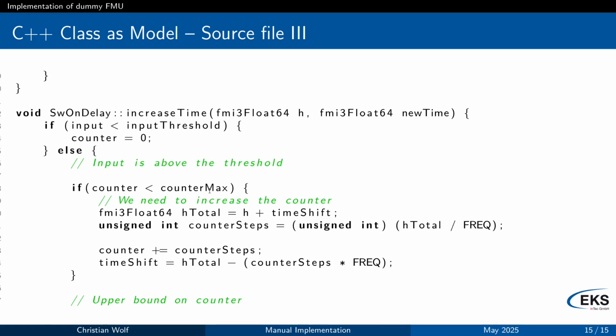It's just to do the calculation a bit more exact, but in fact it's just increasing the counter by the amount of time multiplied with a factor. So if a certain time has passed, the counter is increased by one click, and once a certain bound is reached, then the output will be set accordingly.